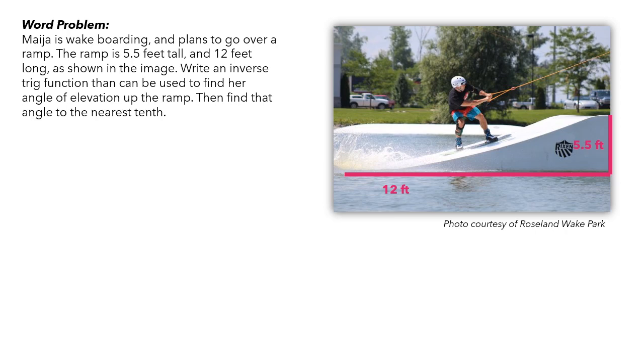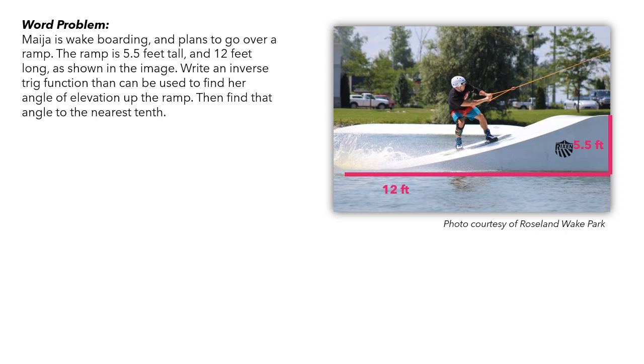We want to write an inverse trig function that will be used to find the angle of elevation up at the ramp. Then we want to actually find what the angle is. So this should feel familiar. This is very, very similar, if not identical, to the types of problems we did when we initially introduced inverse trig. So we will use a calculator for this, in fact.